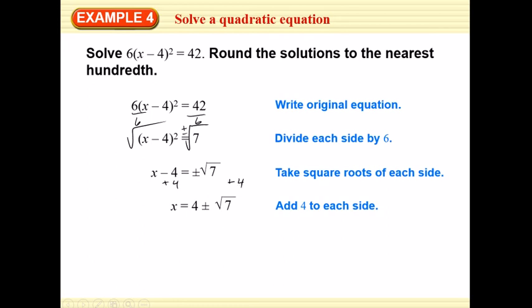Alright, one very interesting and important notation thing is that I don't write plus or minus the square root of 7 plus 4. The reason why this 4 is out here in front is because Billy Bob Joe and Susie Ann, they have awful handwriting. So sometimes I can't tell where this house ends.